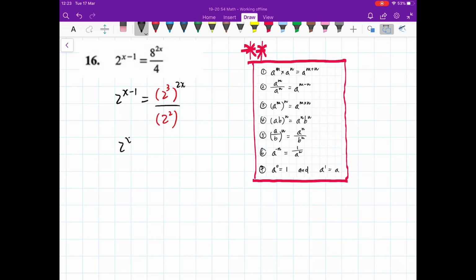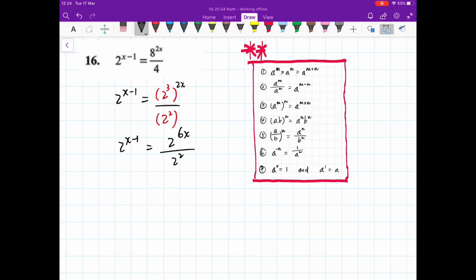Then we can simplify the right hand side. By the laws of index rule number 3, 2 to the power 3, then to the power 2x, we can multiply together so that we have 2 to the power 6x. As for the denominator, we just keep it as 2 to the power 2.